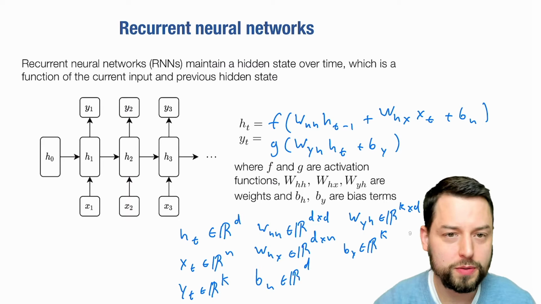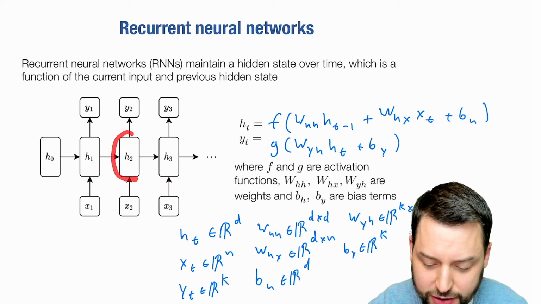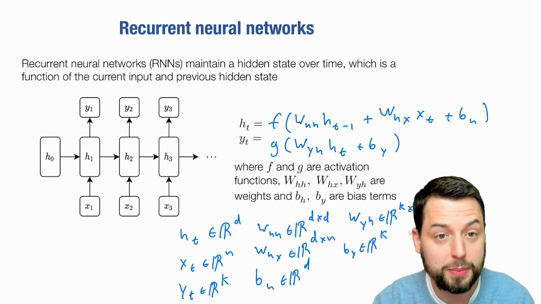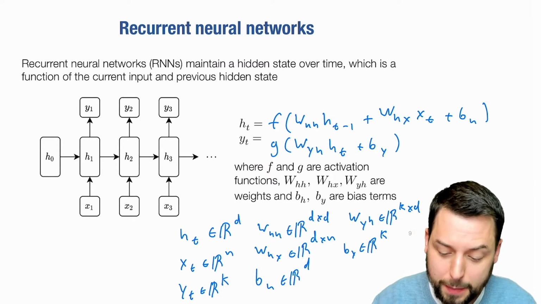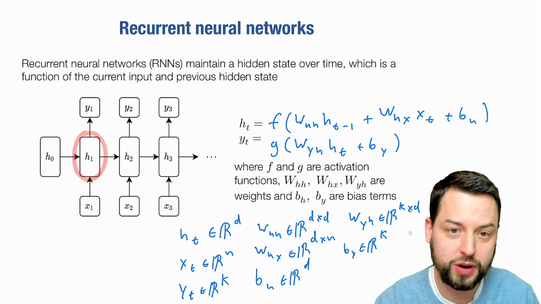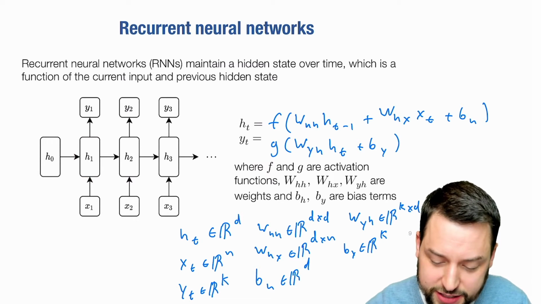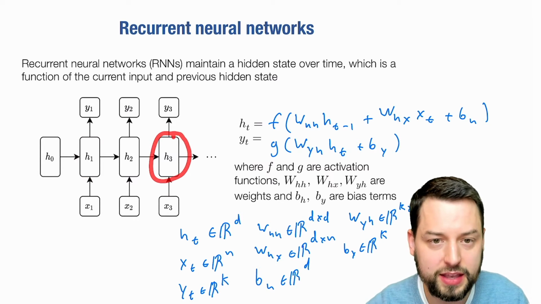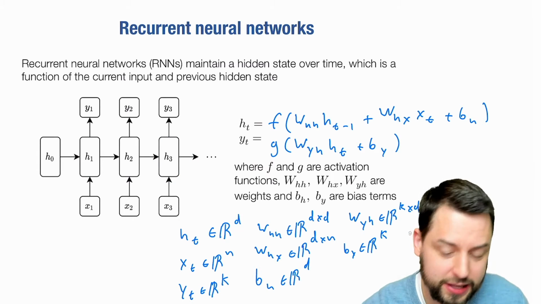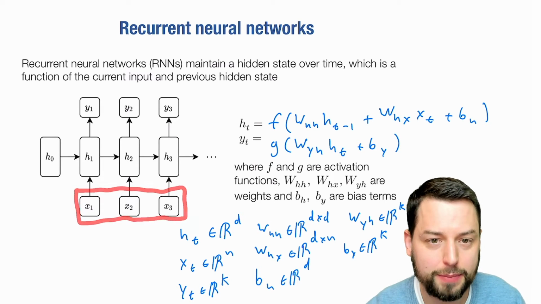The really important point here, which you can see from the computational graph, is that our hidden state depends on the previous hidden state, which depends on the previous hidden state, et cetera. In some sense, the hidden state at time t can capture, in the ideal case, all the inputs it has seen up until that point.